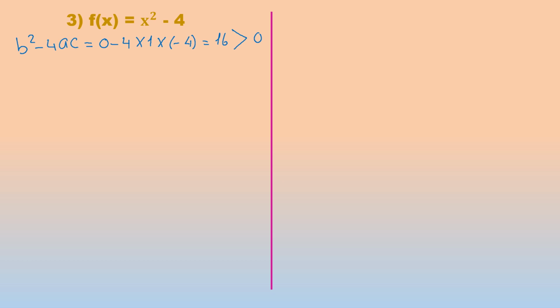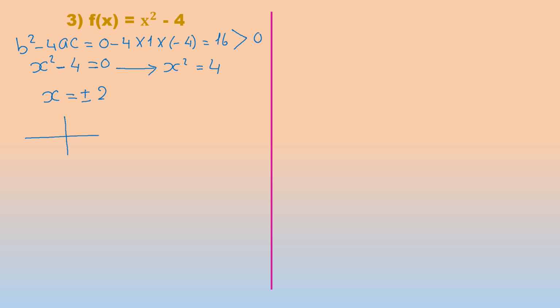We will try to find the value of this equation. We put f of x equals 0. So by solving the equation, it will be x power 2 equals 4. Then x will be equal positive or negative 2. So there are two solutions, which are 2 and negative 2.